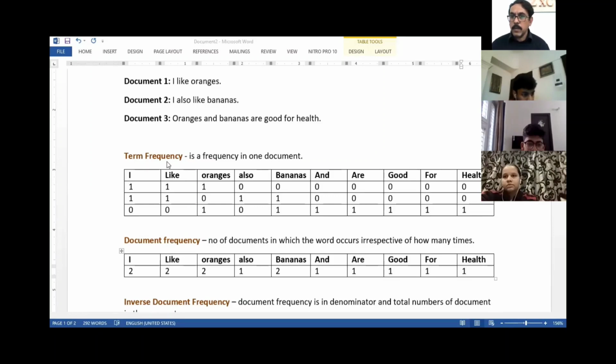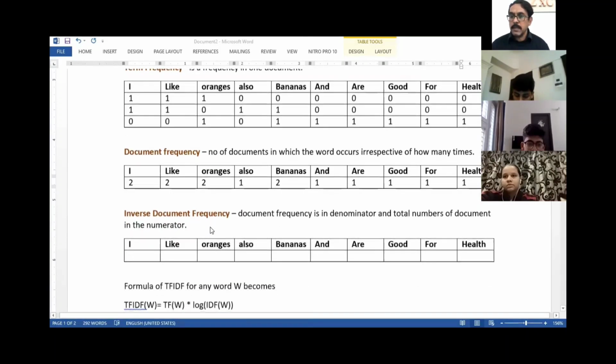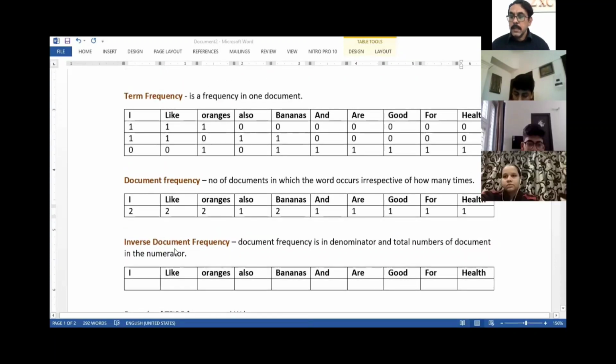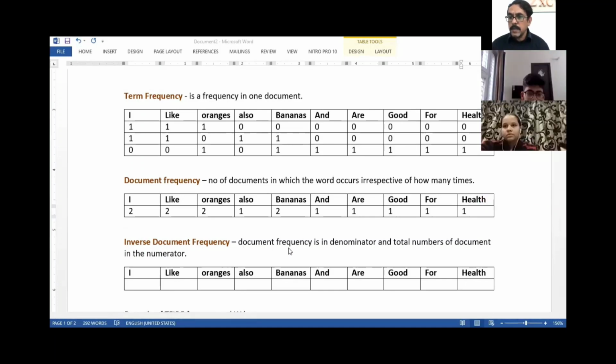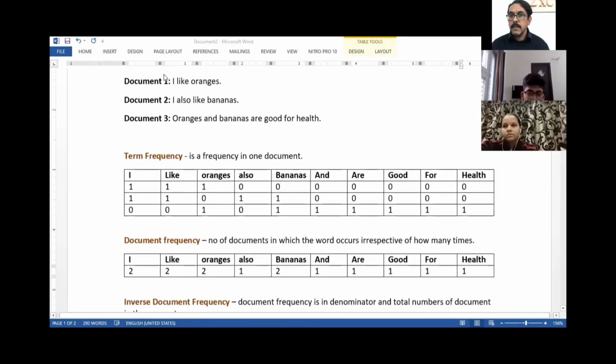So you have found out the term frequency and the document frequency. Now we move to the next part, what we call inverse document frequency. What is inverse document frequency? You should always remember that whatever you have calculated, the document frequency is the denominator and the total number of documents is the numerator. So how many total documents are there?